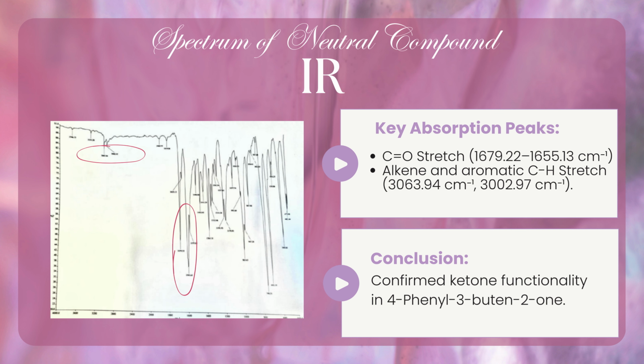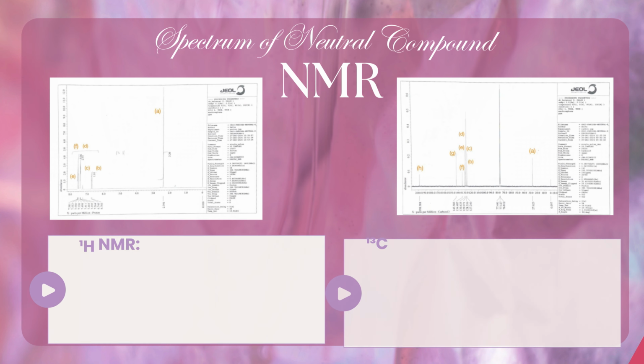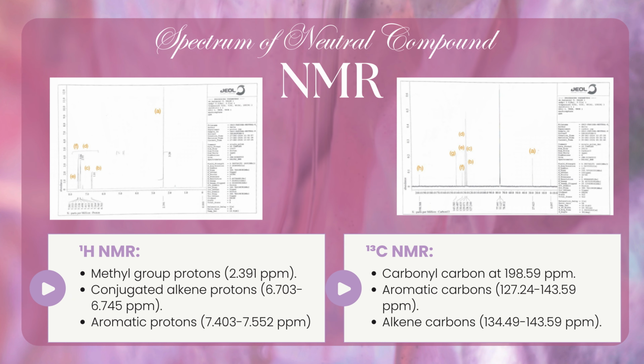And moving on with the H1 NMR spectrum of the neutral compound, we can see a methyl group at 2.391 ppm, indicating the ketone attached to the alkene. The protons of the conjugated alkene appear at 6.703 to 6.745 ppm, and the aromatic protons appear as a multiplet between 7.403 to 7.552 ppm.